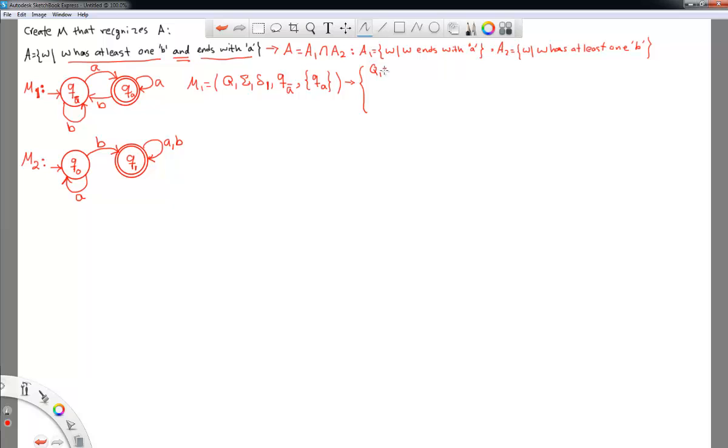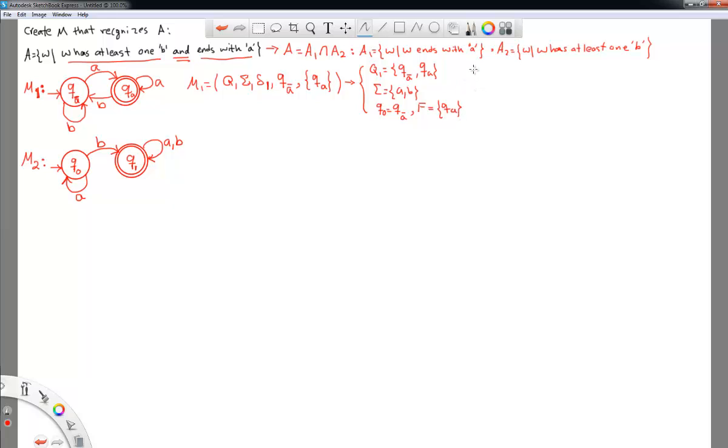Q sub 1 is going to be Q of not A and Q of A. Its sigma is the alphabet A and B. Its Q sub 0 is Q of not A, and its F is the set Q of A.